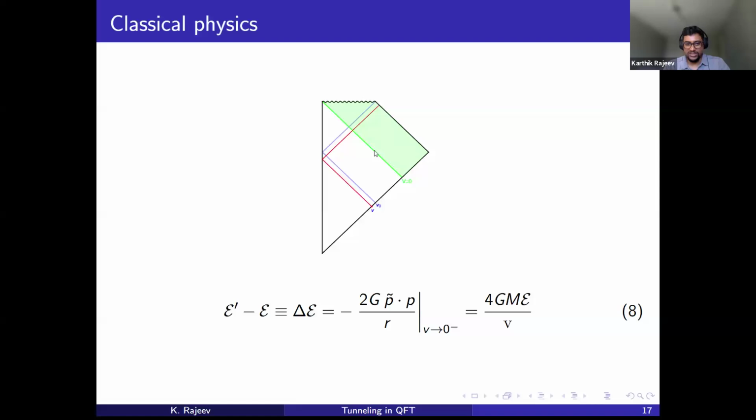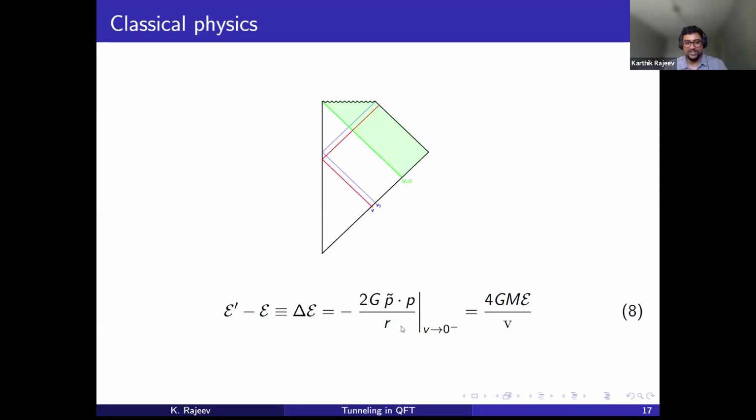As I described earlier, this space-time is constructed from stitching together Minkowski and Schwarzschild backgrounds. Therefore, energy is conserved independently in these two regions for this massless particle. There is a conserved energy in the Schwarzschild region and a conserved energy in the Minkowski region. But they differ, and it makes sense that the difference comes from something to do with the light shell that is collapsing, and that is exactly what is given here.